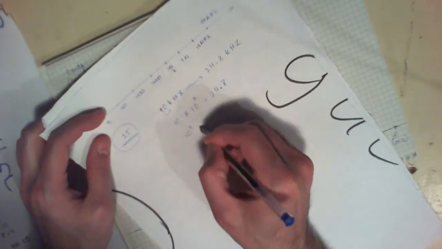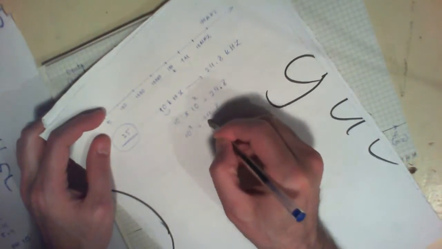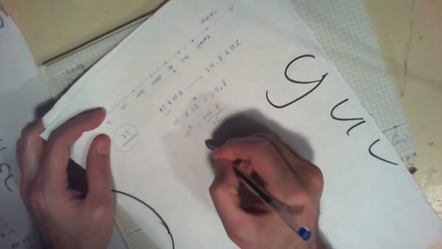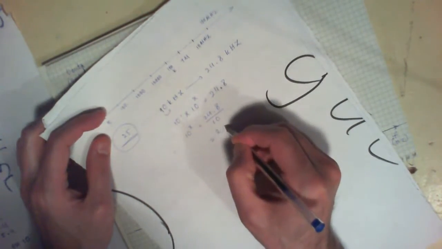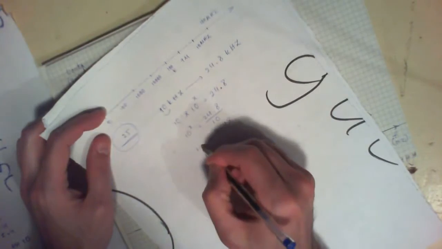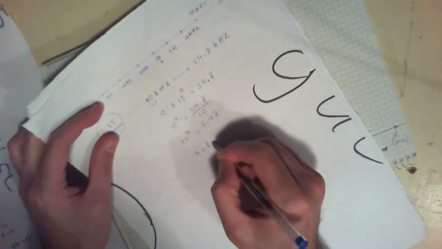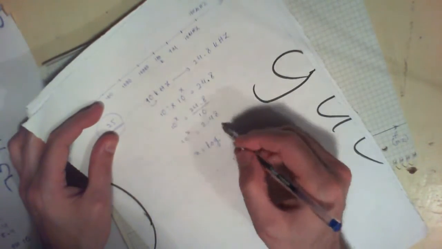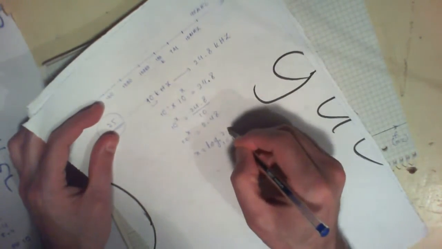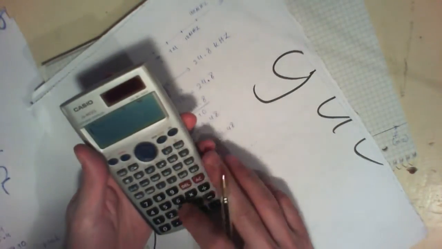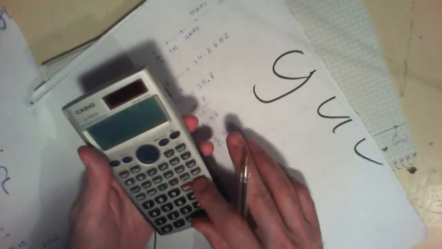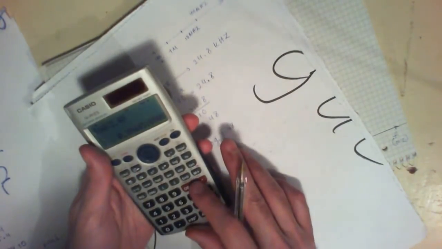So 10 raised to power x is equal to 24.8 divided by 10, which is equal to 2.48. So x is equal to log base 10 of 2.48, which is equal to 0.39, about 0.4.